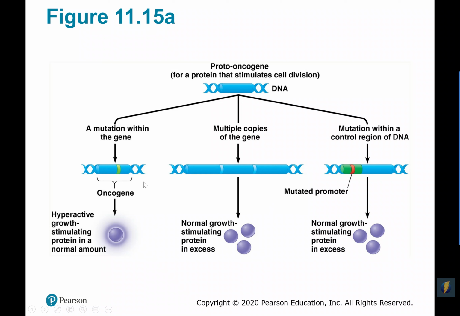If you get multiple copies of it, you'll get excess. By turning the proto-oncogene, the normal gene, into an oncogene, we get an excess of this protein that helps activate cell division, and so we're going to activate cell division a lot, which leads to uncontrolled growth.